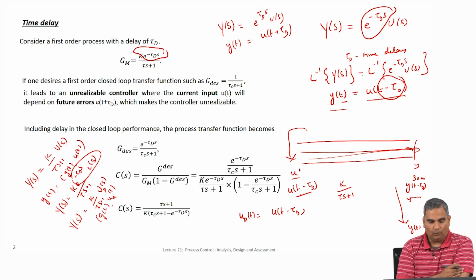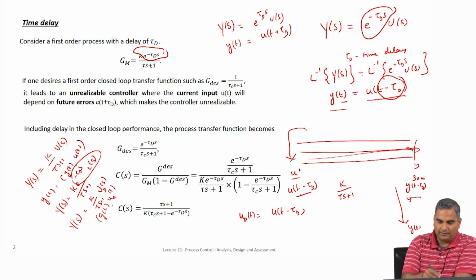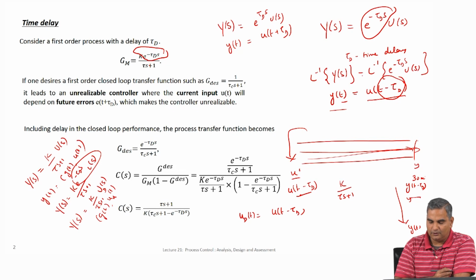Now, what is the problem with this? If you want to quickly understand whether this creates any problems in terms of inversion, it really does not, as long as the time delay term is in the numerator.